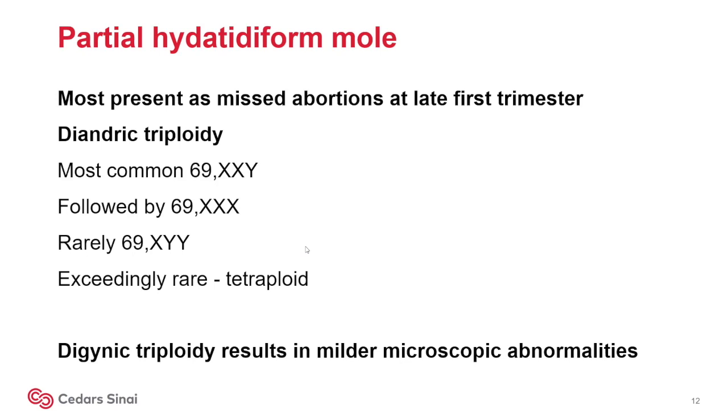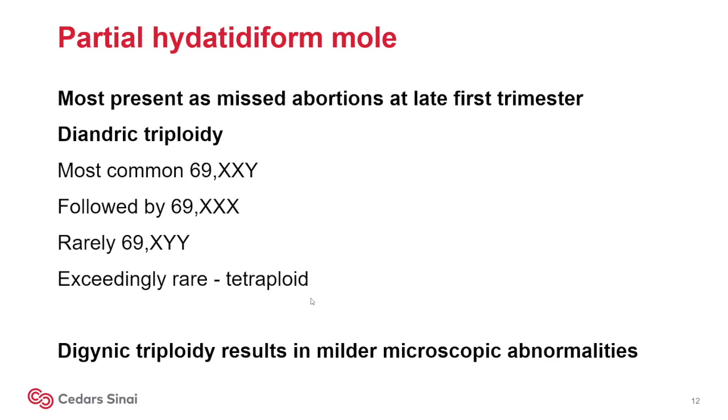Partial moles are defined by diandric triploidy. Tetraploid partial moles do exist, but they are exceedingly rare. There are also tetraploid complete moles, tetraploid normal pregnancy. So when you start doing a lot of cytogenetics, as we do here, you start coming across these more unusual patterns.